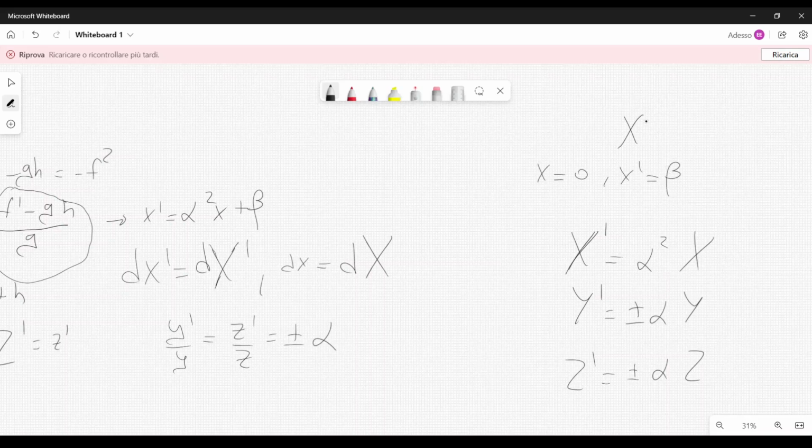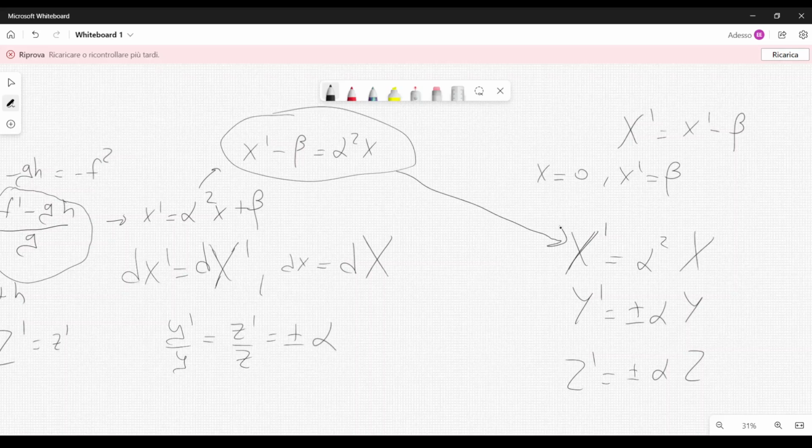So we simply define capital X prime as x prime minus beta. So if you rewrite this equation as x prime minus beta equal to alpha squared x, from here you will simply get to this equation here.